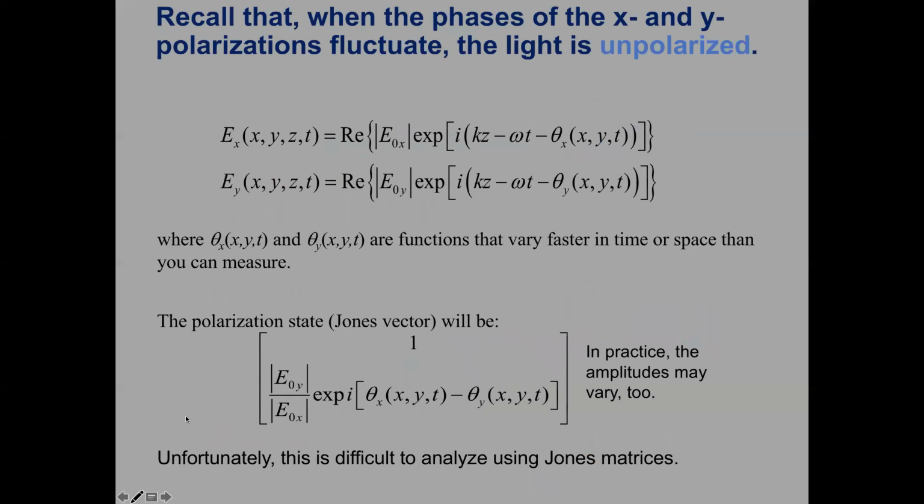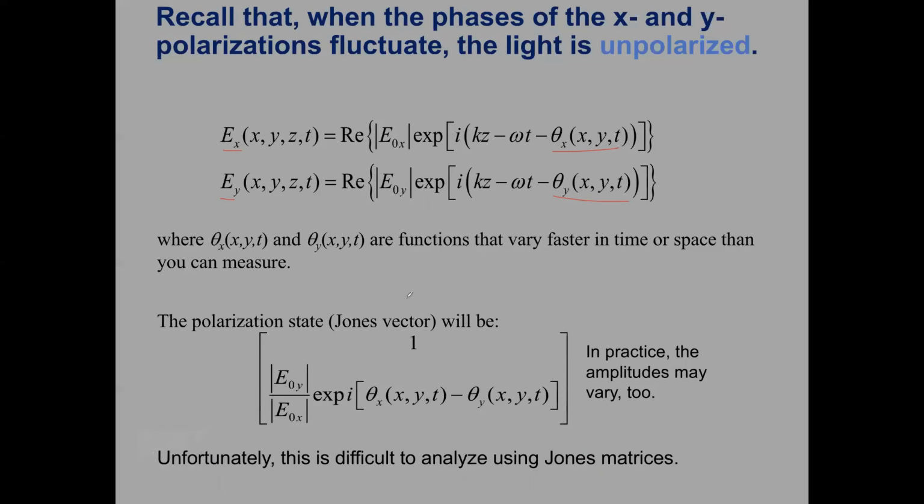Lastly, the only real limitation to this approach is it doesn't really handle unpolarized light as well. If you remember, unpolarized light we can think about as light where the X and Y polarization components are varying randomly, like they have random phase differences compared to each other.